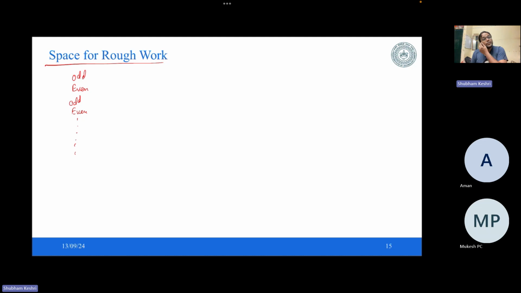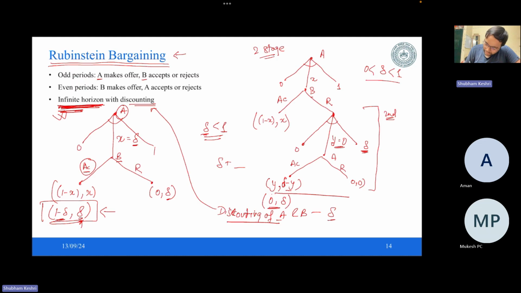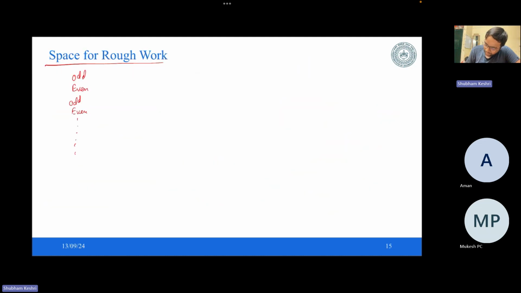Now, since this is an infinite horizon game, people might not be able to distinguish between one even stage and another even stage. In the odd period, A is making an offer. In the even stage, B is making an offer. So A and B alternate.